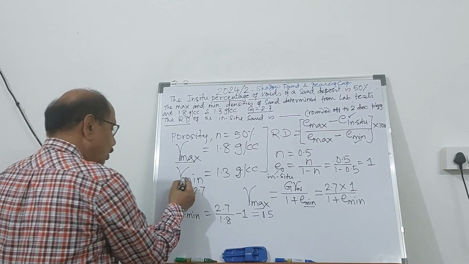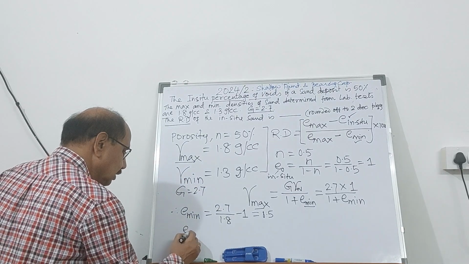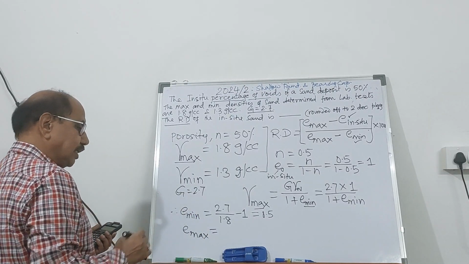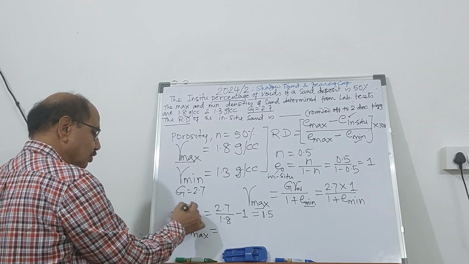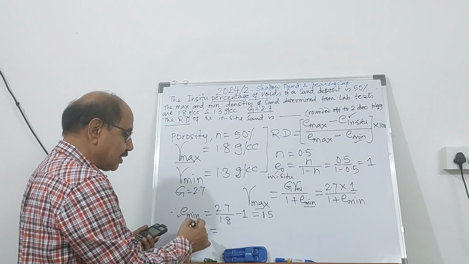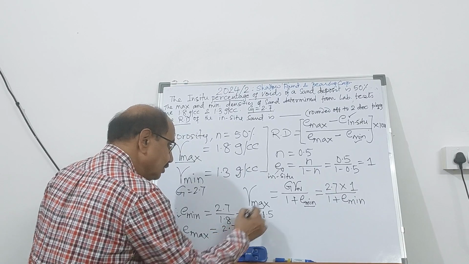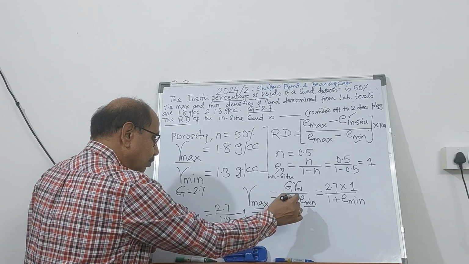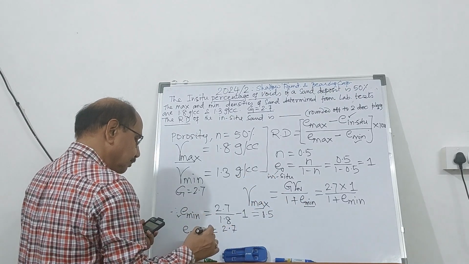Now, from gamma minimum, we can find out the maximum void ratio, that is in the loosest condition. The densest condition is when the void is going to be minimum, and the maximum void will be in the loosest condition, which will be G gamma W, 2.7 times 1, divided by 1 plus e maximum.